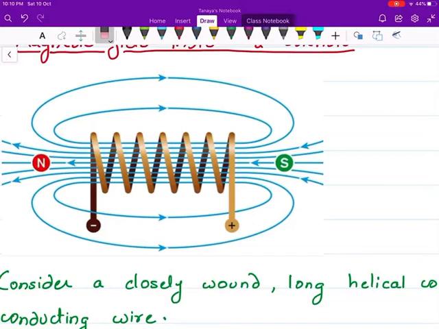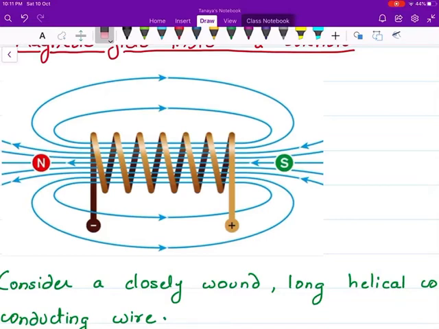And another important thing of this ideal solenoid is that the magnetic field inside the solenoid is constant, or uniform, and the magnetic field outside this solenoid is negligible. We assume that the magnetic field outside the solenoid is so small that it can be ignored.